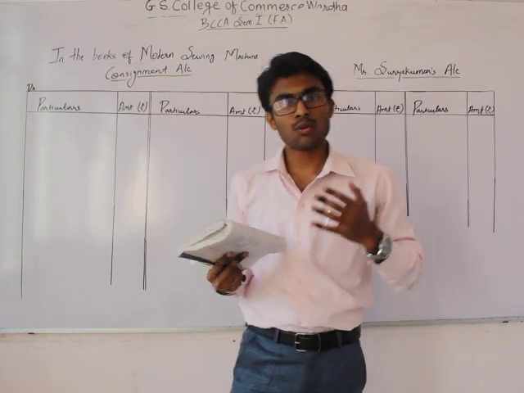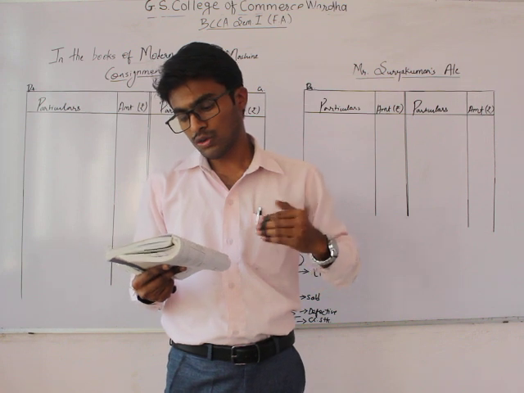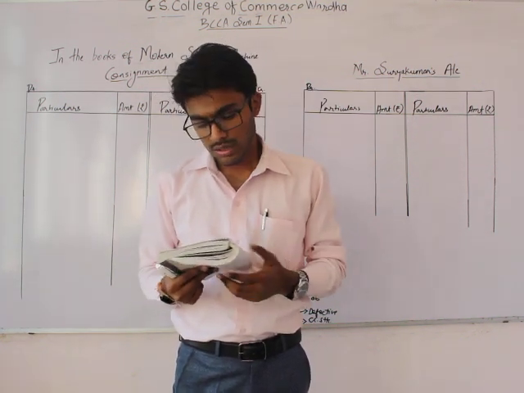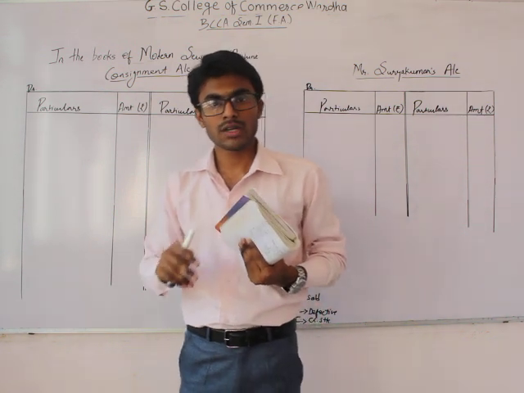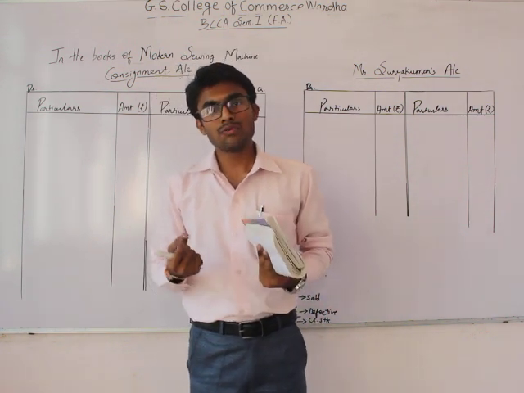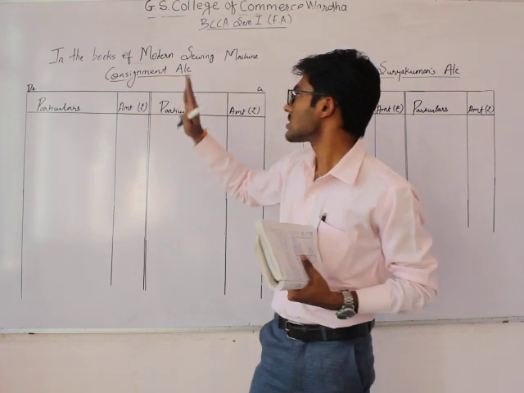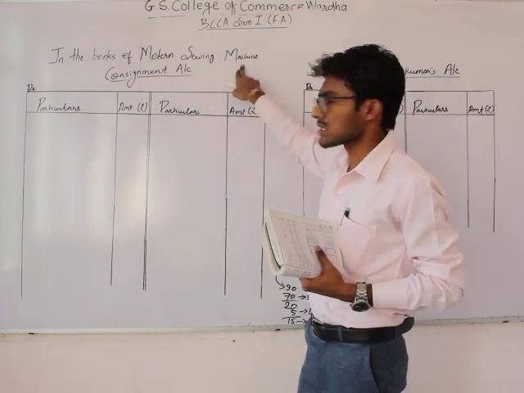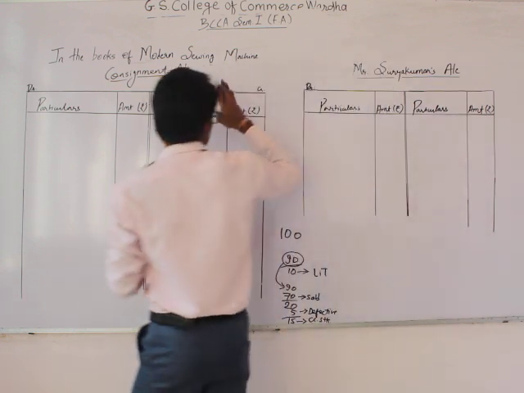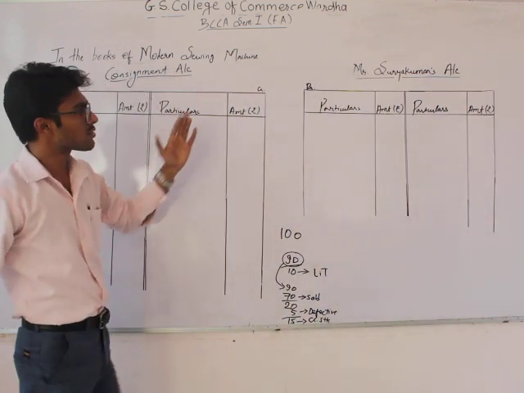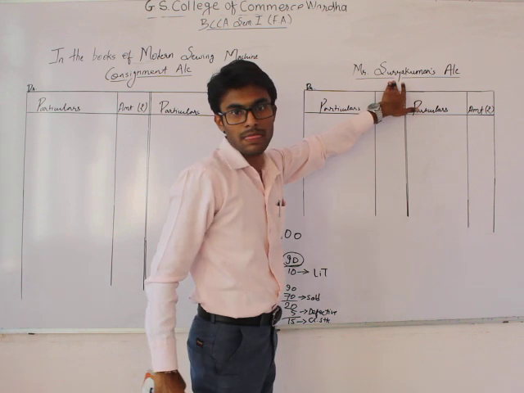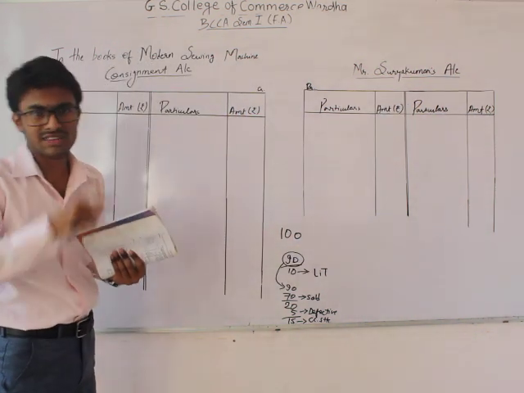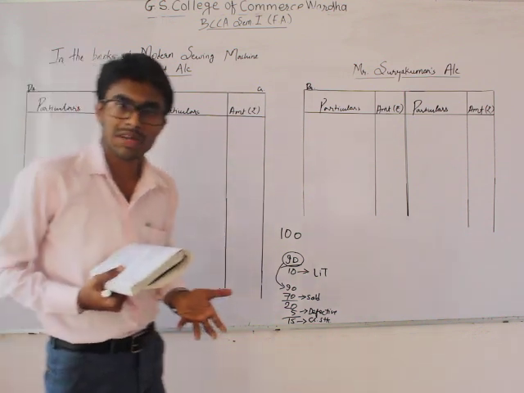And what is the requirement of our question? What message is our question trying to convey? The message is that we have one consignment business, this modern sewing machine company, which has sent goods to Mr. Surya Kumar, and now we have to account for these transactions on a consignment basis.